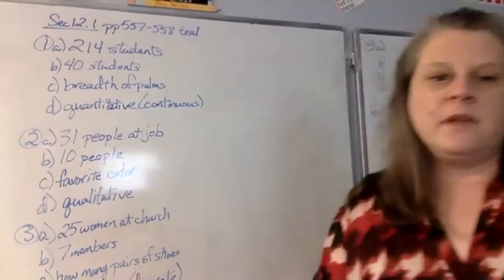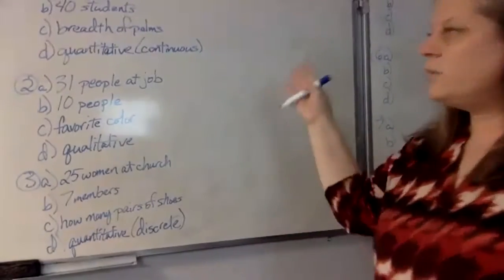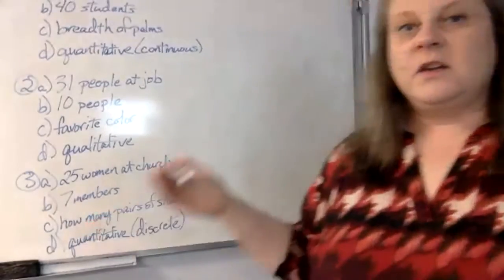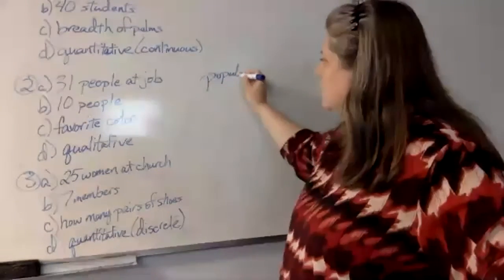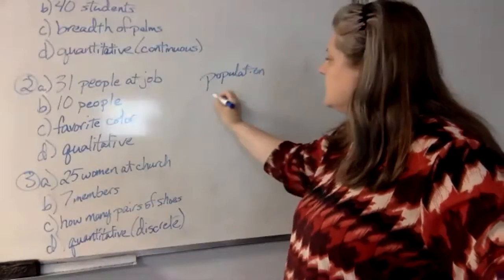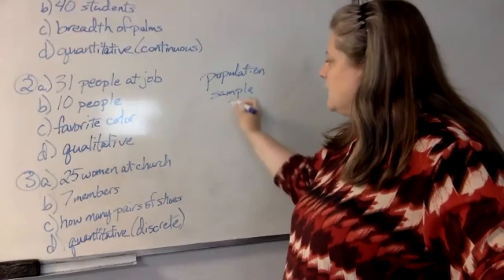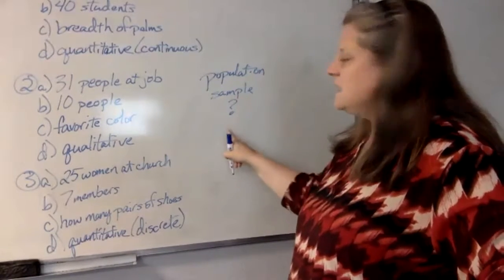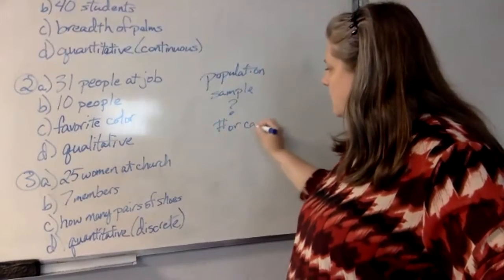Good job. Okay, I'll move so you can actually see them. Okay, so pretty easy. Your third row is your population. That's the total. Okay, then sample is what you ask. This is your question, what you're looking at, and then you do whether it's a number or a category.